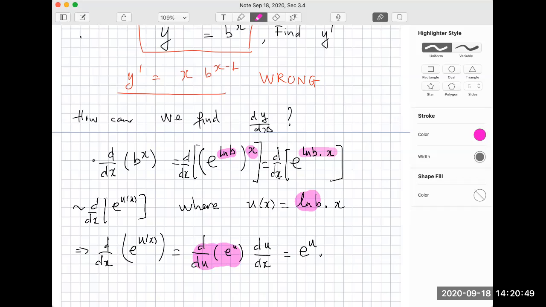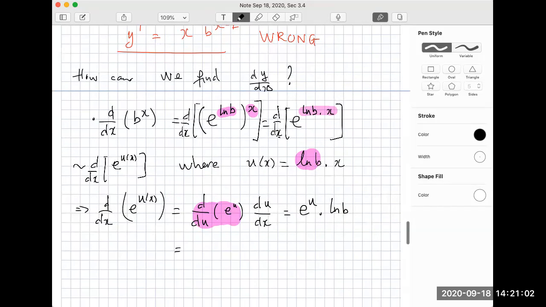A number times x, so taking the derivative gives us this number. Which means it is e to the u, where u is ln b times x, and then times ln b.